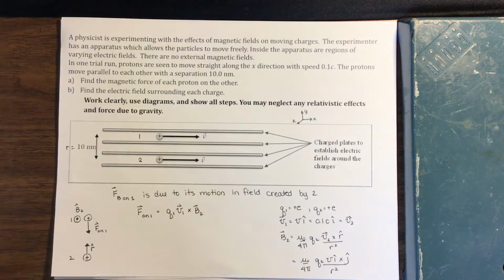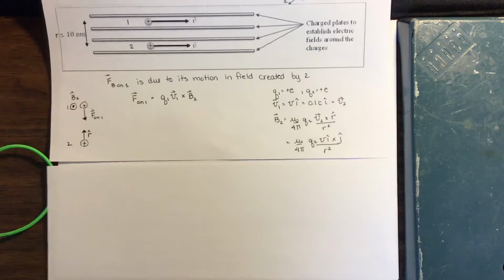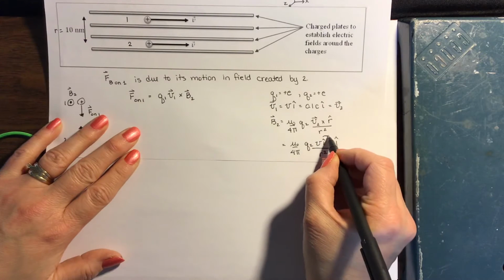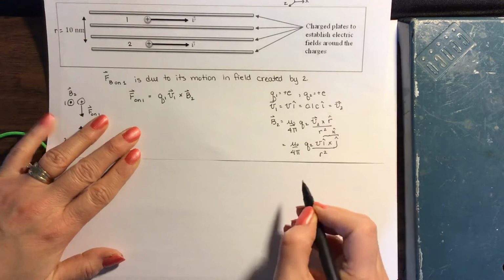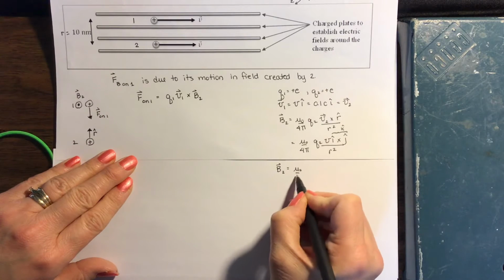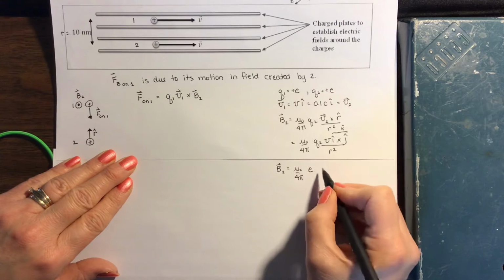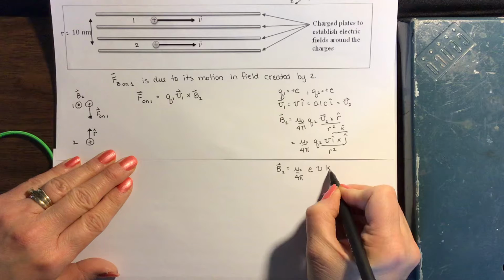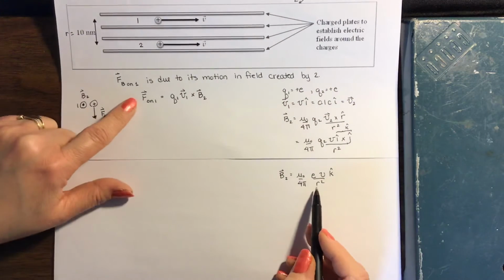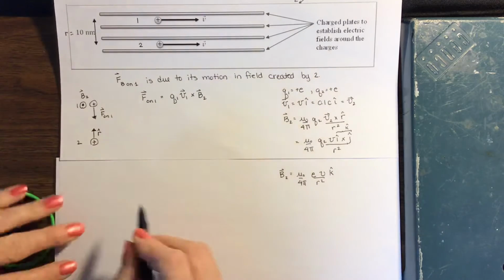Now I can take this a little bit further because I know i cross j is equal to k, and this gives me that my B2 is going to be equal to mu naught over 4 pi times my charge 2, and that's the fundamental charge, times v times k hat divided by r squared. There's an expression for my field B2. I can go ahead now and use that to find my force on charge 1.